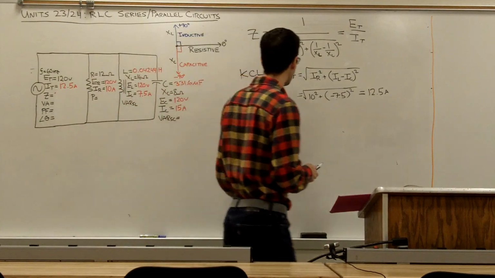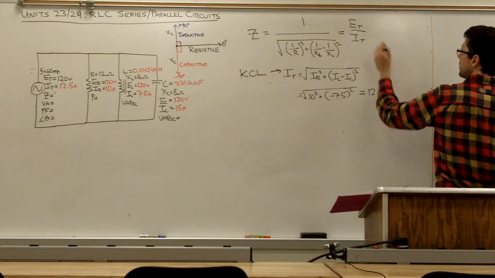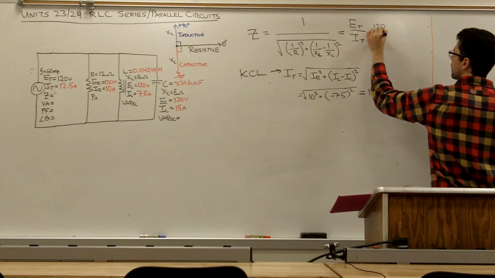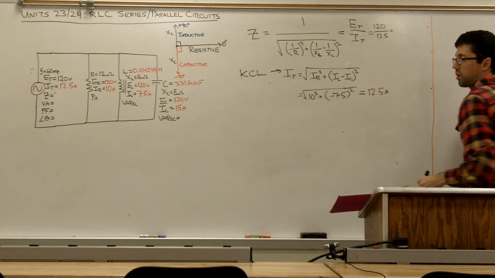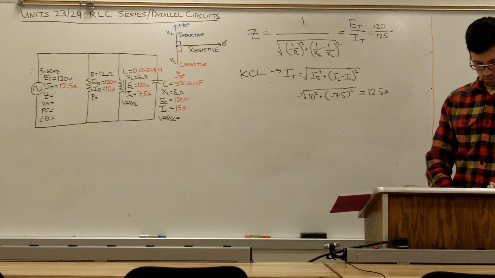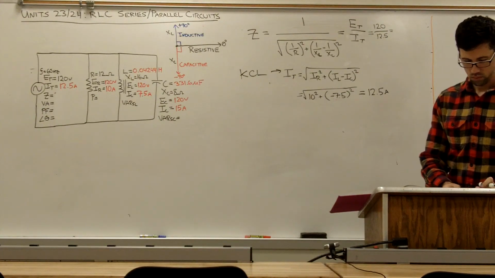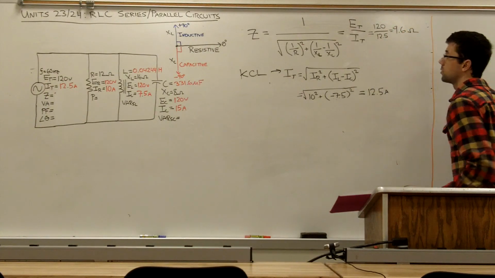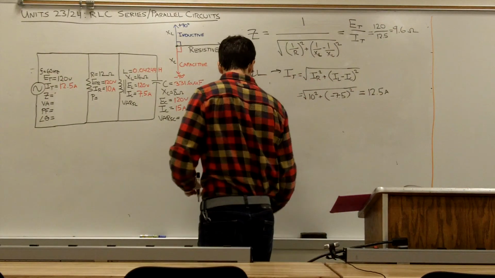So that now allows us to find total impedance. It's going to be 120 volts divided by 12.5 amps, which is 9.6 ohms for our impedance of the circuit.